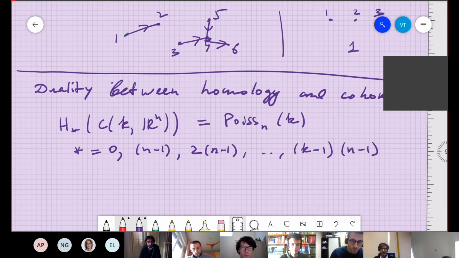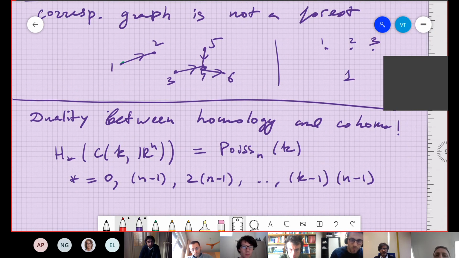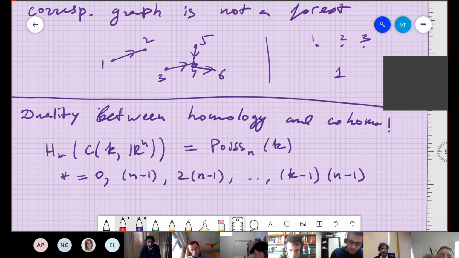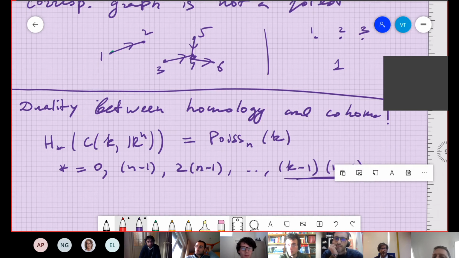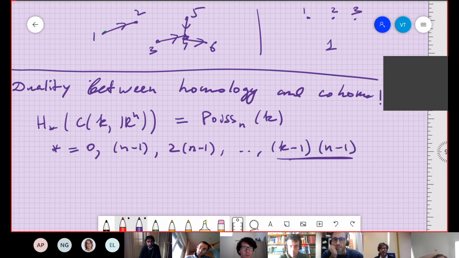In terms of trees, we see that the dual is going to be just the corresponding forests, so the corresponding graph is going to be a tree. For the maximal degree, it's really a duality between the Lie operad and the space of unitrivalent trees modulo the Arnold relations, modulo the three-term relations.